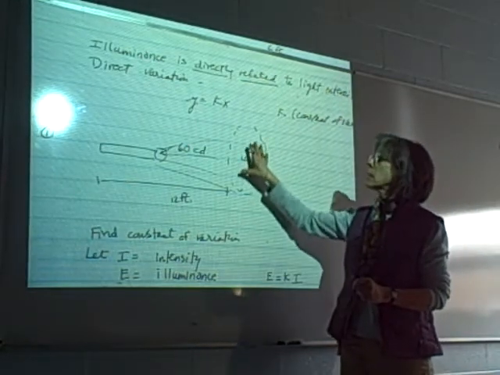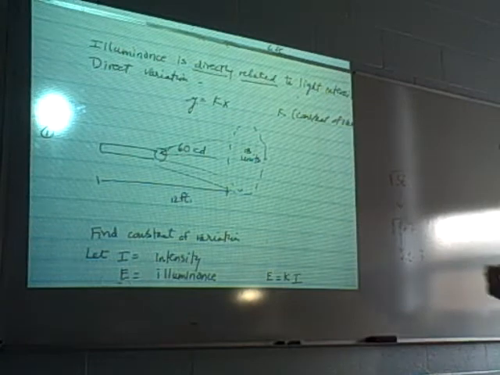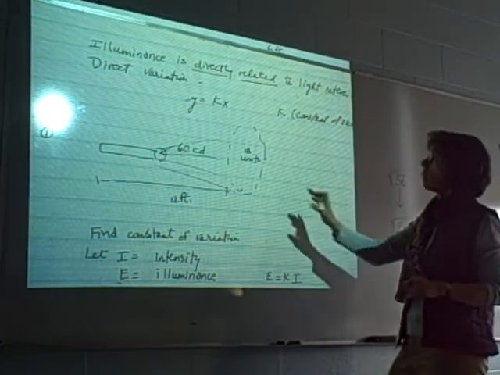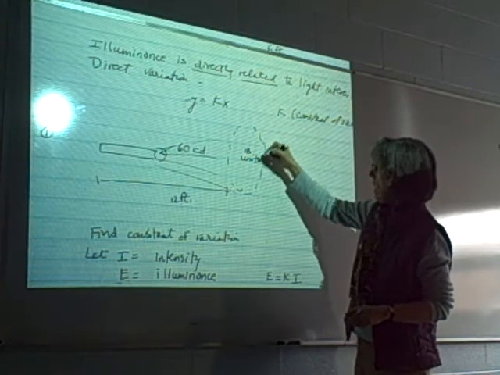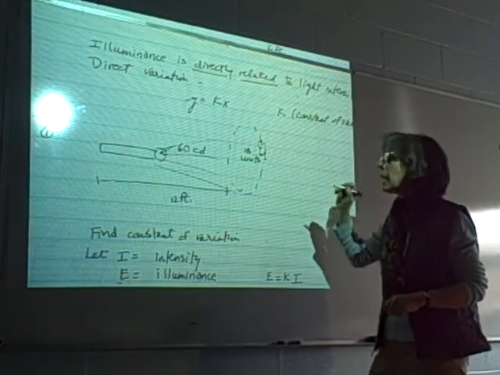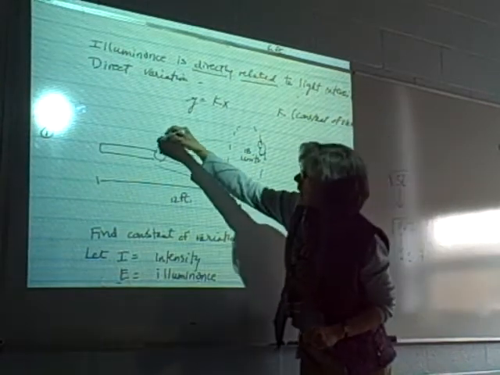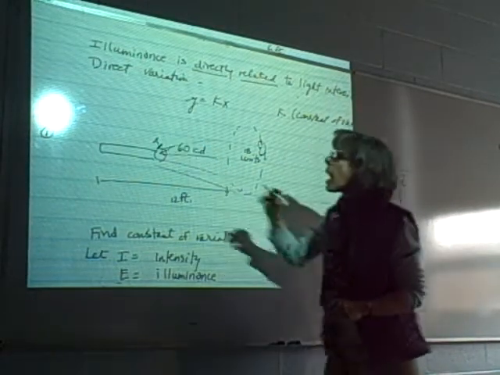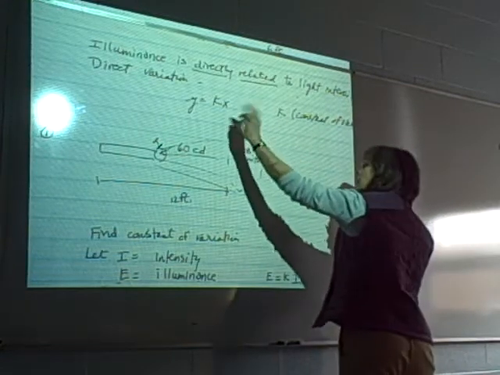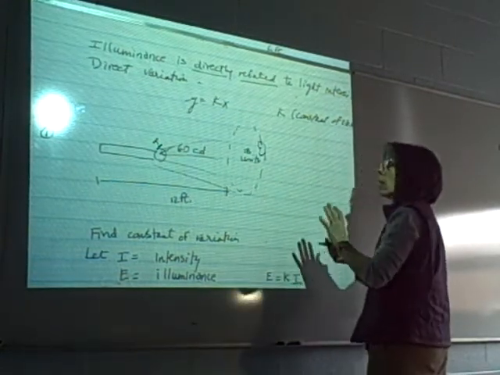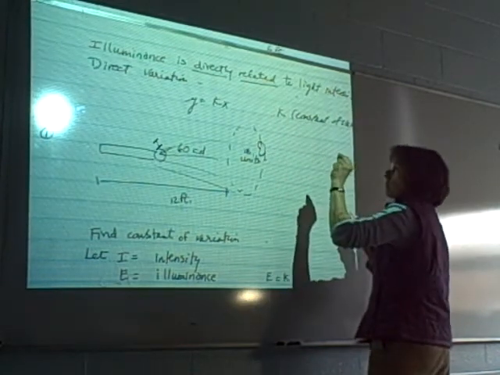If I'm telling you that this is my illuminance, which is my E, and it's directly related to the intensity, which is my I, and I know that this is direct variation, can I just plug these letters into that equation?